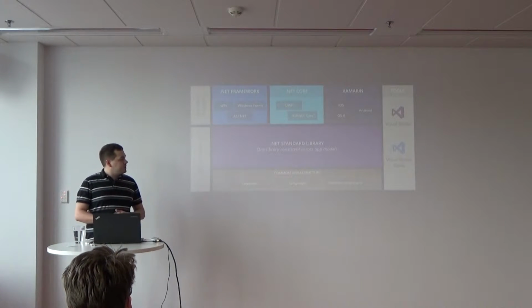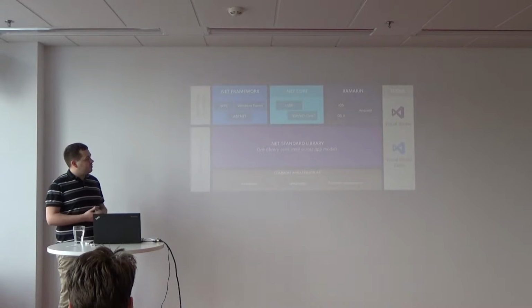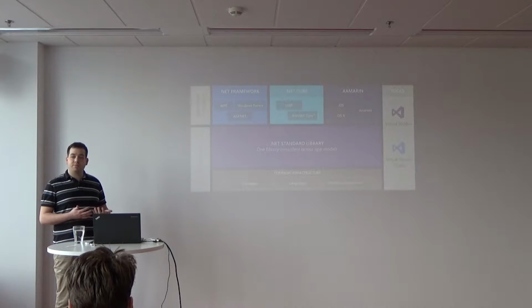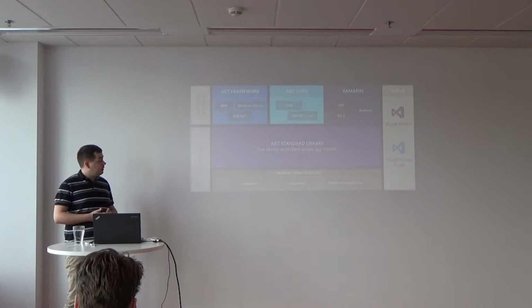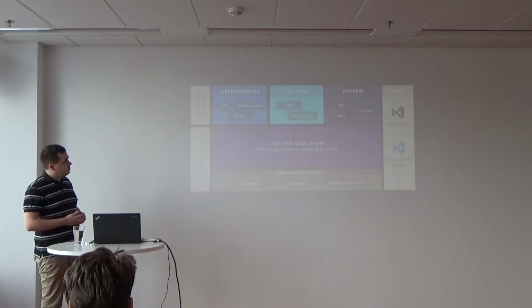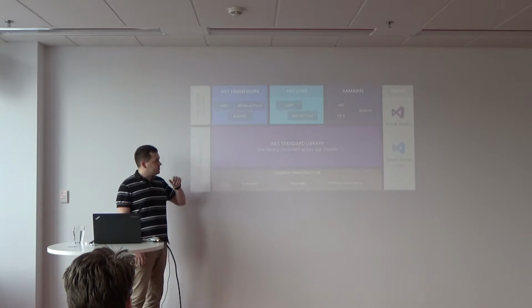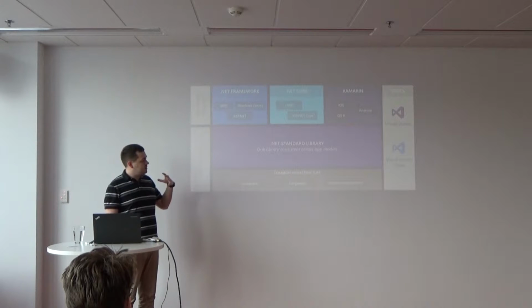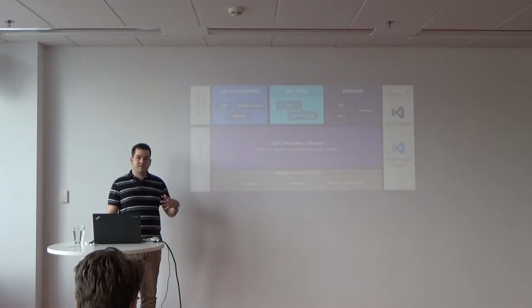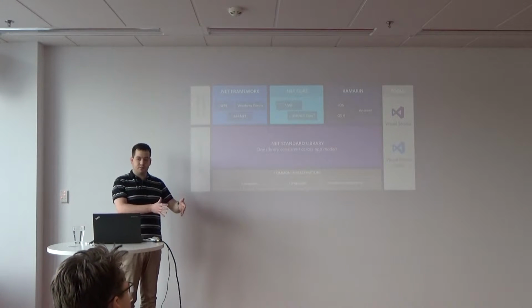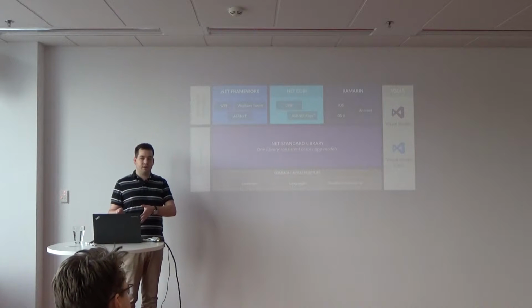So this is a diagram of how development for the .NET platform can work now. You've got something called .NET Standard Library, which is a very interesting concept, and that's basically the part of .NET that's the same on .NET Core and full .NET Framework.